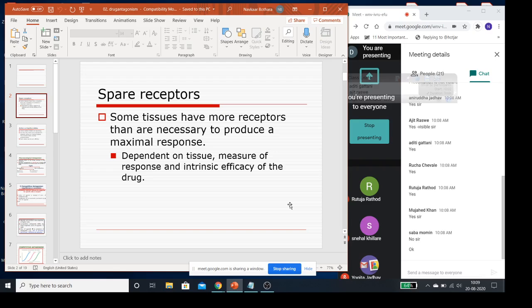And this is a very important concept to explain the mechanism, the reason behind why some of the drugs can act despite all their receptors being occupied by antagonist, and that helps in certain situations where these additional receptors or spare receptors are there.